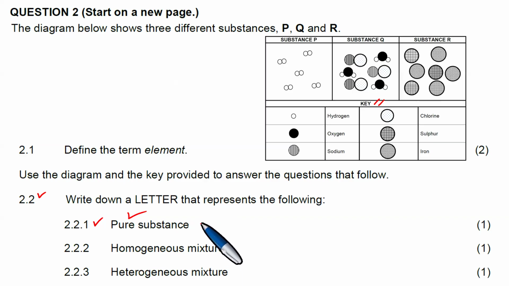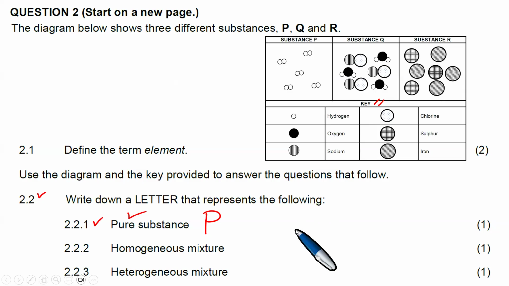We can see that substance P is surely pure because there's only one type of element, and you do not have a combination of elements here. The rest of these are mixtures because you have different elements. So substance P is correct. Substance P is a pure substance because it contains only an element of the same type.